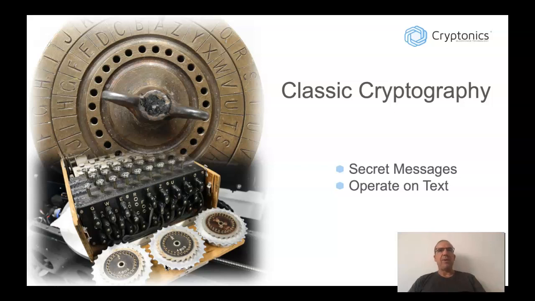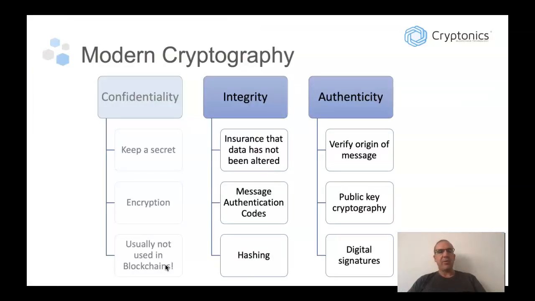That's the idea many people have of cryptography, and for centuries that was how it worked: to have a cipher and to encrypt a secret in order to transmit a message secretly for military use or whatever. And that usually operates on text. You can see here there are letters mapped from one alphabet to another. So that's classic cryptography.